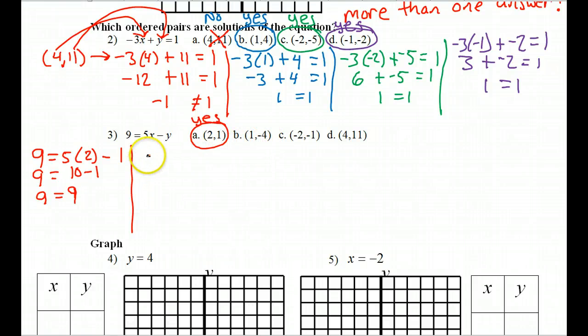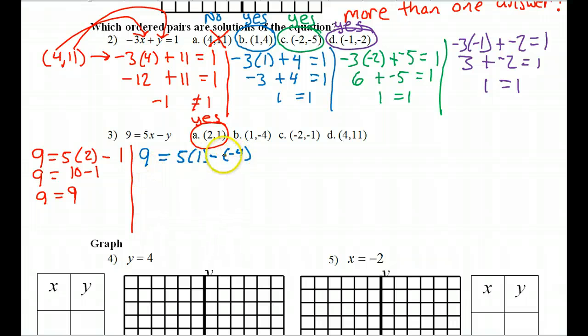1 and negative 4. So does 9 equal 5 times 1 minus, now be careful, this says minus y, but y is a negative number, so that'll be minus negative 4. It's like a double negative, one negative from the subtraction and then another negative because it's a negative 4.